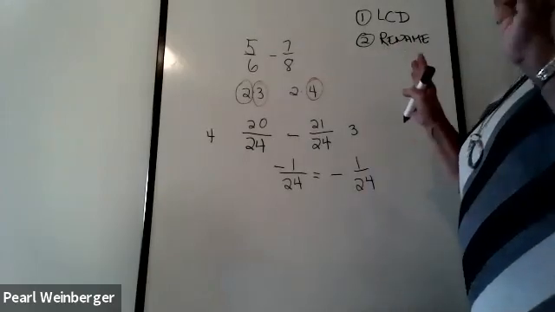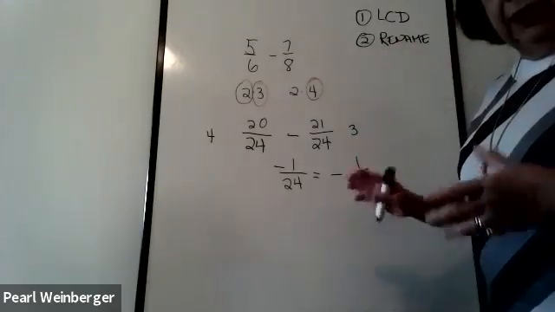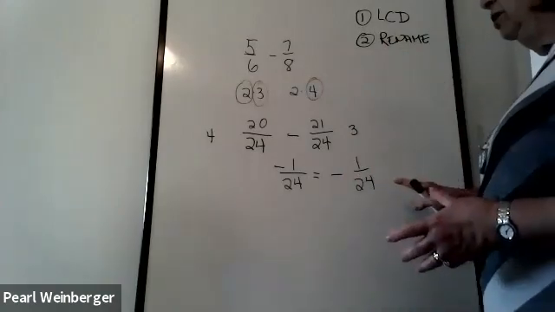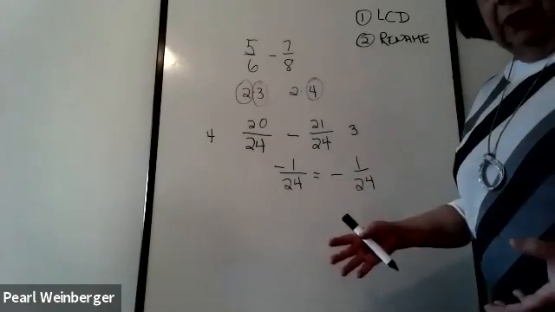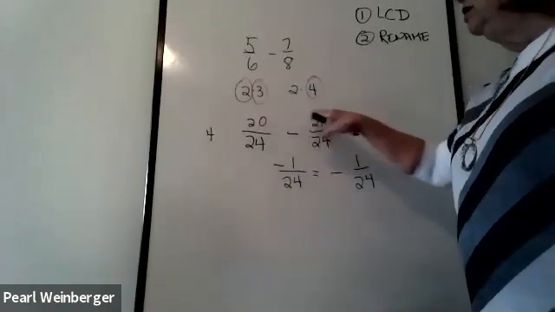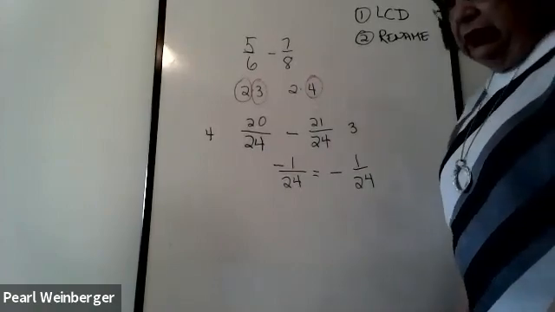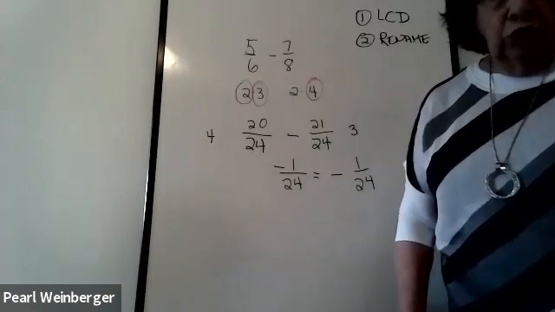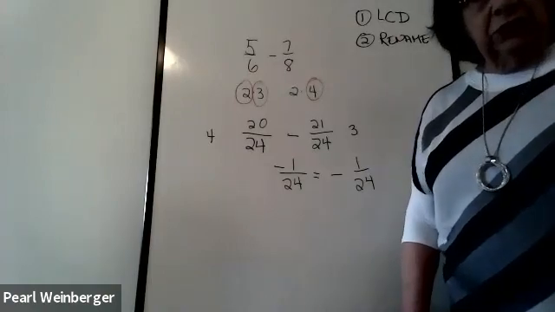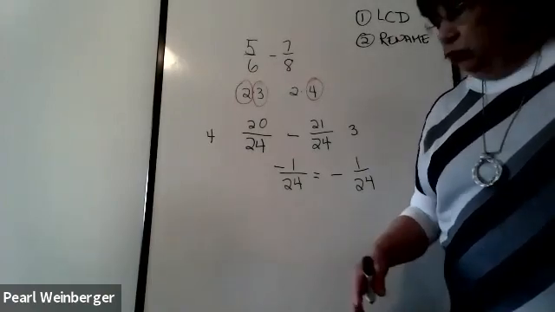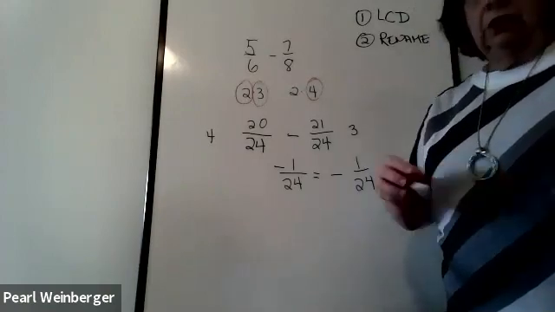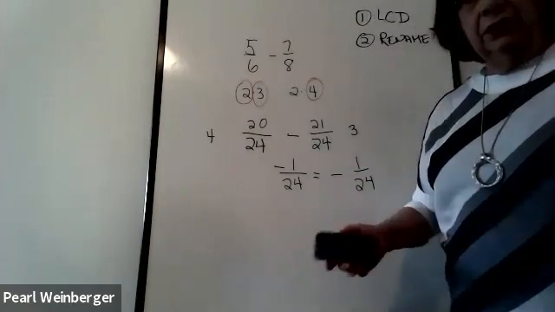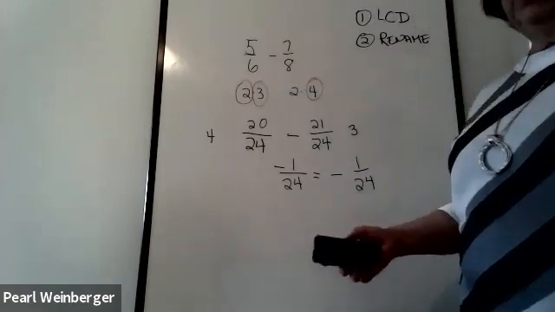So when we have fractions that we want to add or subtract, we want to find a common denominator. Once we have a common denominator, we just work with the numerators. Now, I'm going to see how this applies to examples that have variables as well. What happens if we have letters as well as numbers in our fractions?